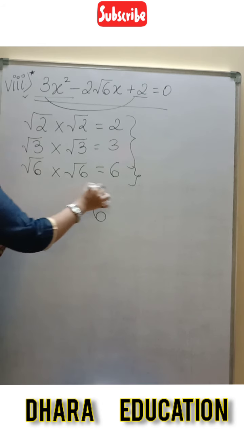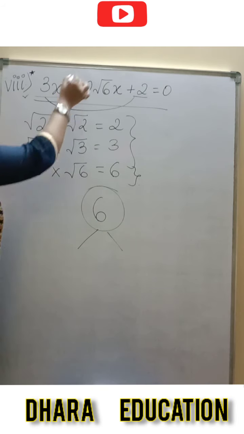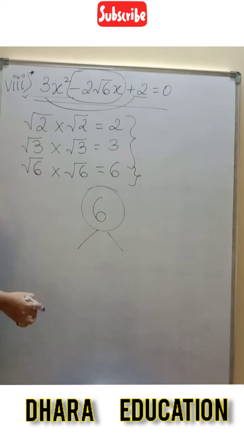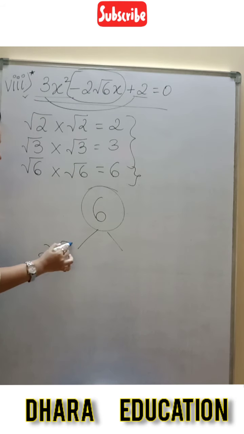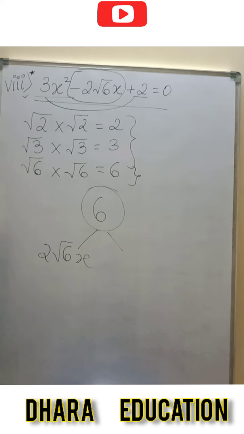But it should be such that it fulfills the factors of the middle term. And here the middle term is different, that is 2 root 6x. Am I clear? So here many possibilities are there. But those possibilities will not come in this particular sum.